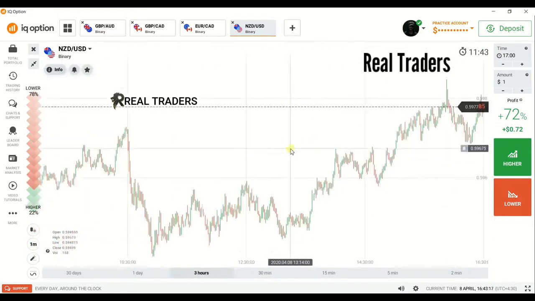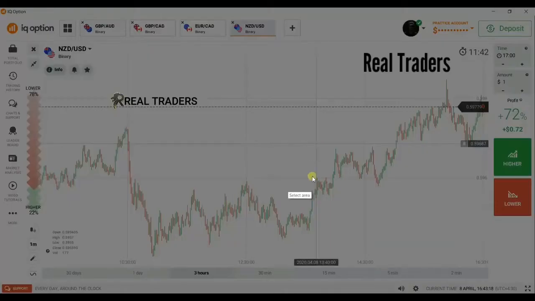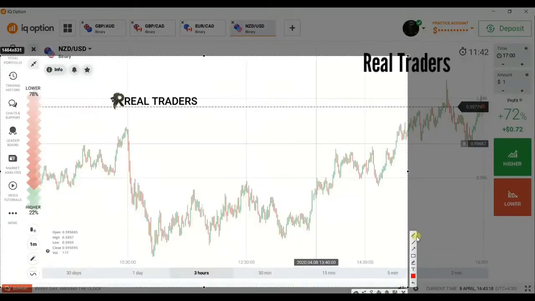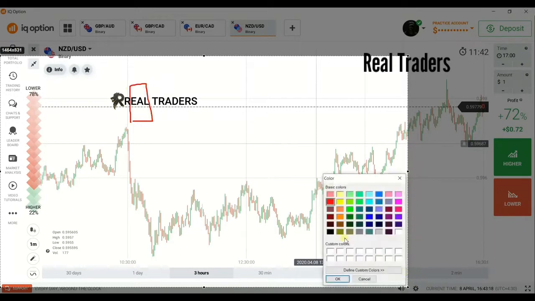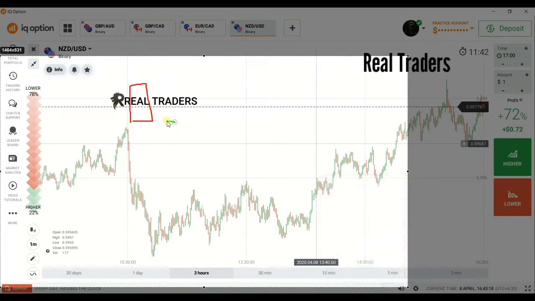Okay, another pattern we are talking about is the morning star and evening star. I'm showing you this pattern just to recognize it in the market. As you know, okay, let me drag again.